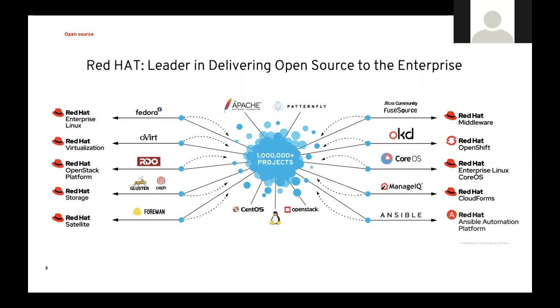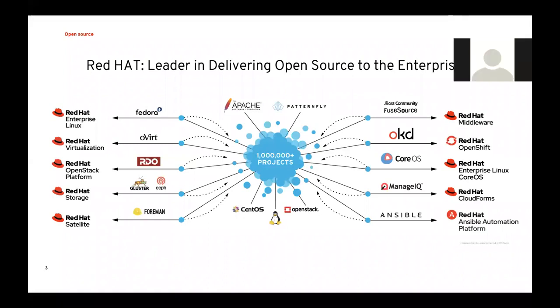So we get these open source projects, and we innovate, and we mature our products, by delivering all the innovation upstream into the open source. We don't fork any open source project and deliver a Red Hat specific project. Everything goes back to the open source. That's how Red Hat operates.